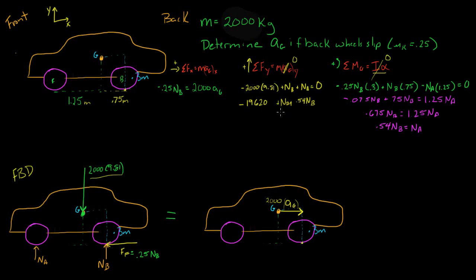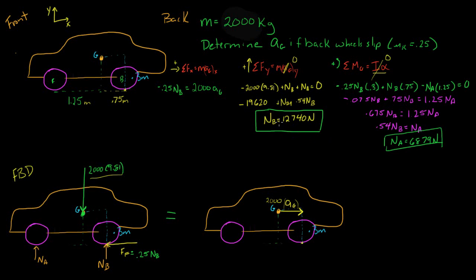So we can solve for what our normal force at B is, and our normal force of B is going to be equal to 12,740 newtons. We can take this normal force, put it back into this normal force of A, and we get NA is going to be equal to 6,879 newtons.